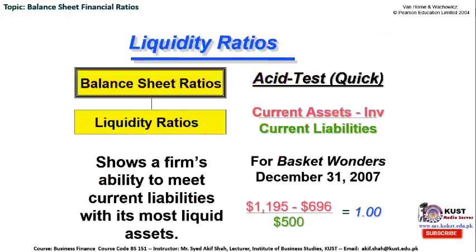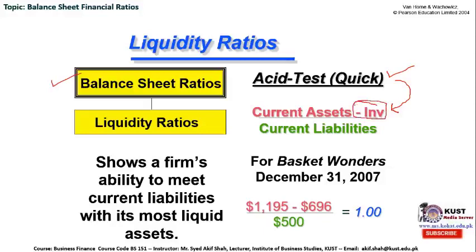Let us discuss another balance sheet ratio, which is named the asset test or quick ratio. The formula for calculating the quick or asset test ratio is to once again divide current assets by current liabilities, but you need to focus on the inventory section of current assets.